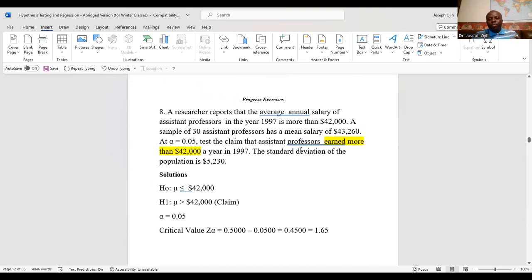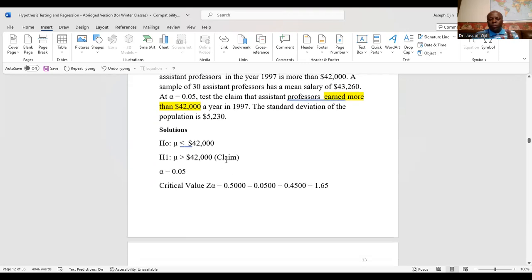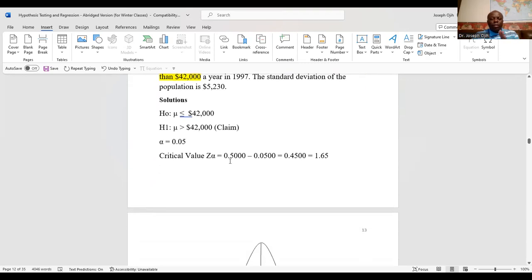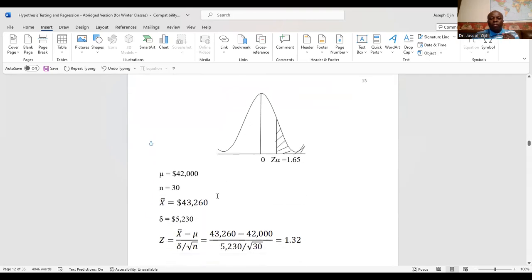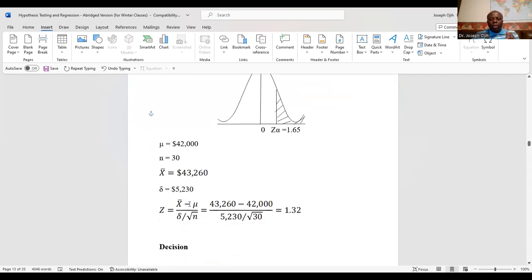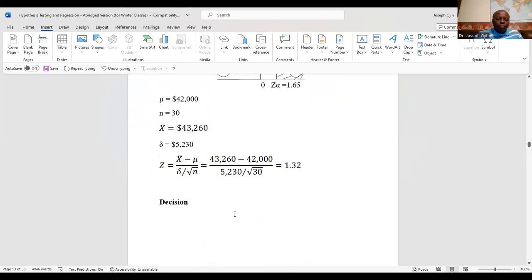So we collected a sample to test this claim. We stated our hypothesis, got our critical values, drew our chart, and have our summary statistics. Then we ran the test. The result of our test is 1.32. Now let's make a decision.